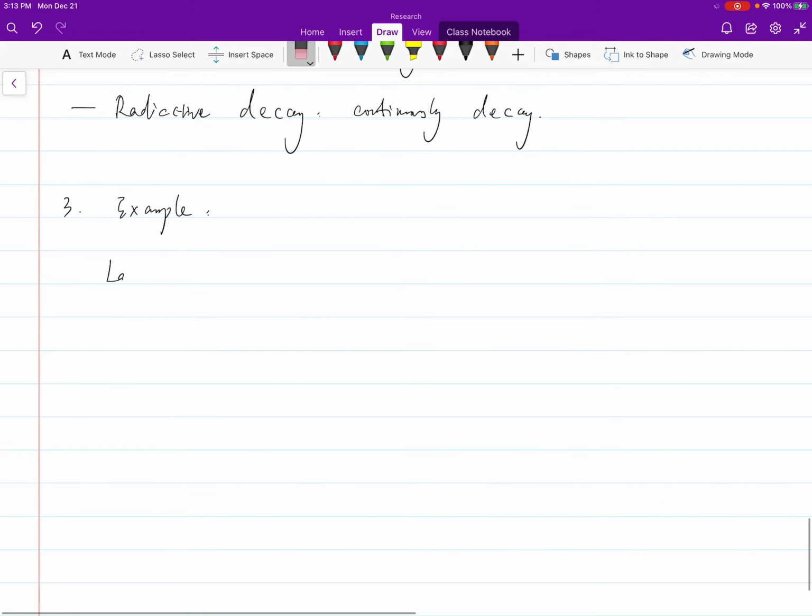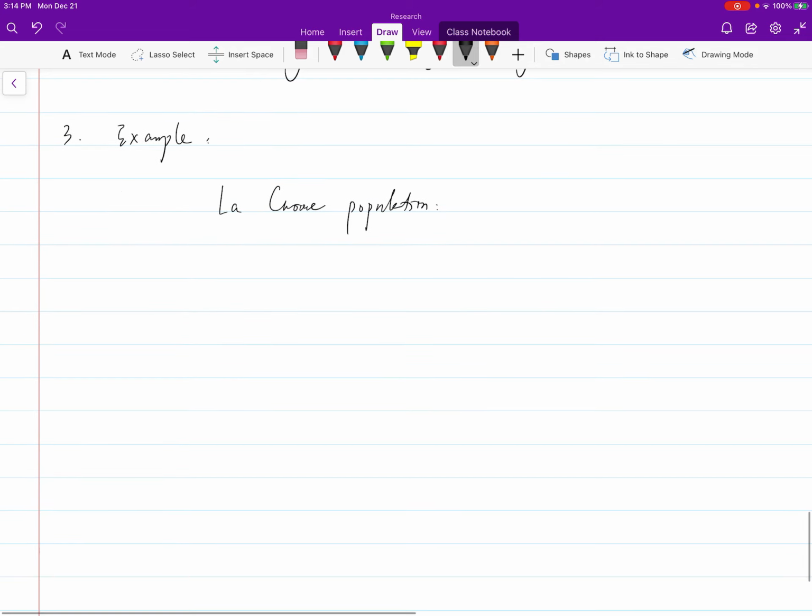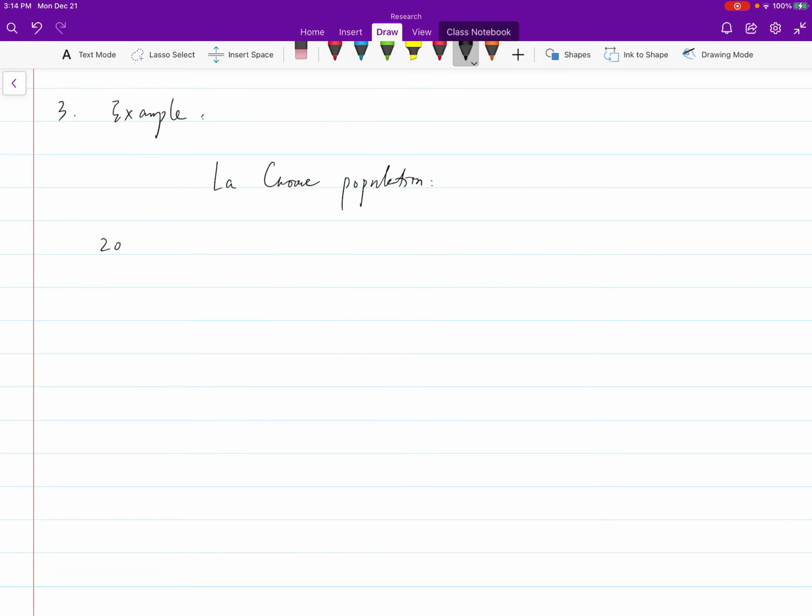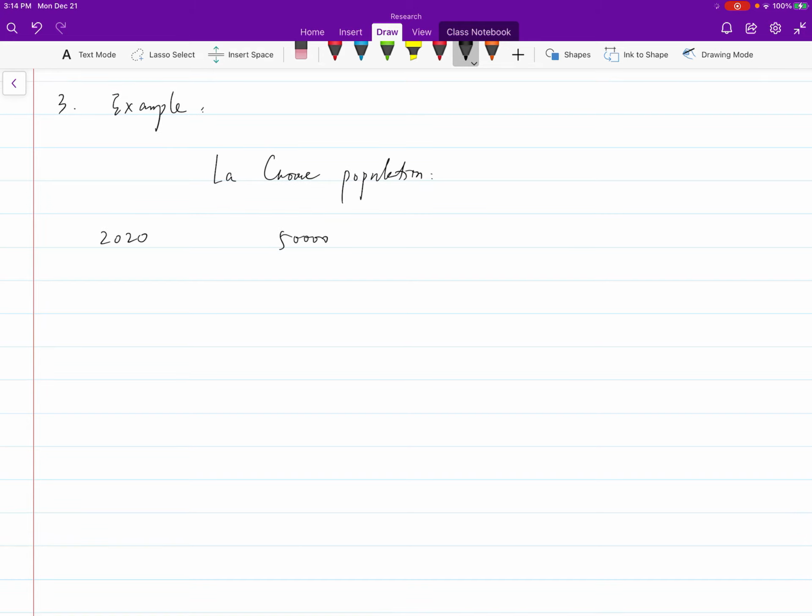Let's take La Crosse population. Now we know in 2020, the population is 50,000 people. My question is, what's the population in 2025? And what's the population if you backtrack to 2008?